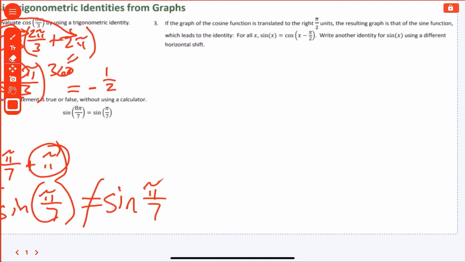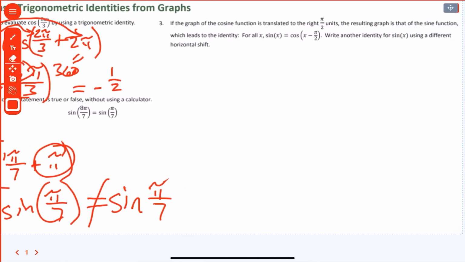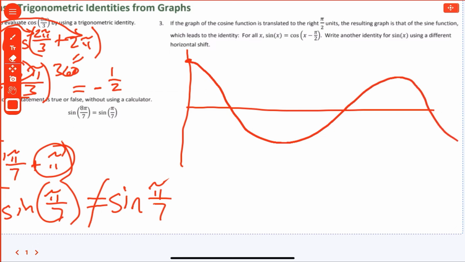All right, let's look at 3 here. This says if the graph of the cosine function is translated to the right pi over 2. So that's when we're talking about this graph here. Cosine normally starts at the top, right? And looks something like this.